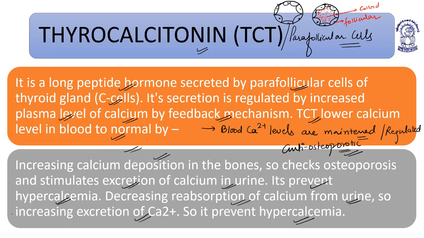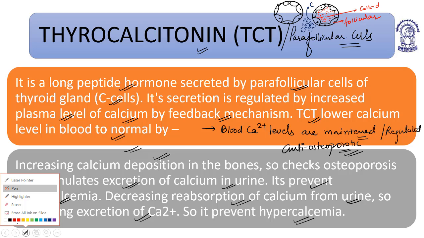Parafollicular cells, which are arranged in the form of colonies. They are known as C cells or parafollicular cells. Okay, understood?